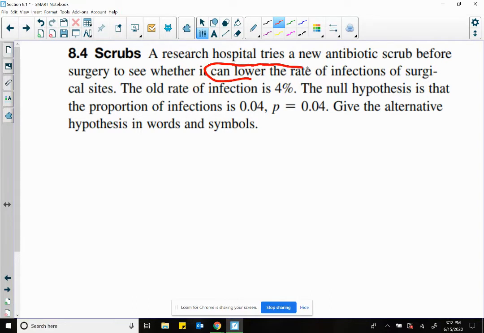So again, they've given us the null, which is P equals 0.04. Hopefully your symbols of Ha, the alternative, is P less than 0.04, and can lower means that we want the less than symbol. So hopefully that's your Ha.